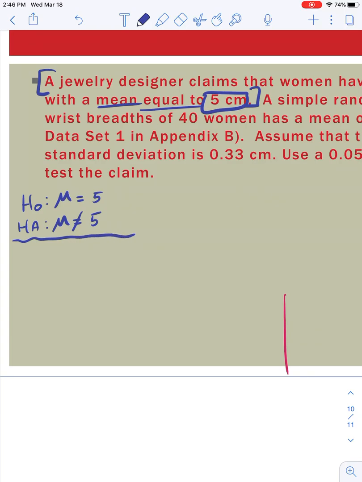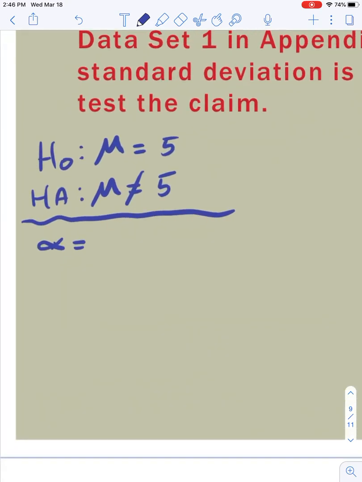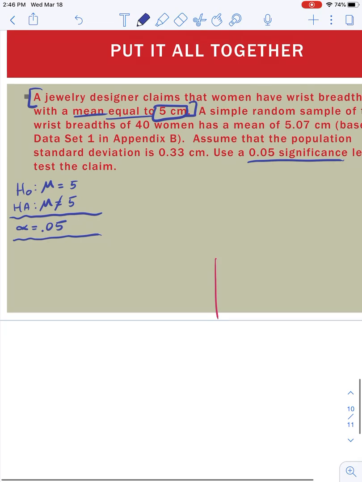Step two is to set your significance level. Let's see if they tell it to us. They say use a 0.05 significance level. So that means alpha is going to equal 0.05. So there we go. I've got my hypotheses, I've got my significance level. Now I need to figure out which test statistic I'm using. This is obviously less than 3, so we're going to use the less than 3 test statistic, but let's see why.